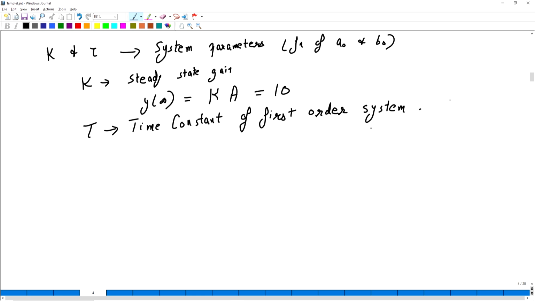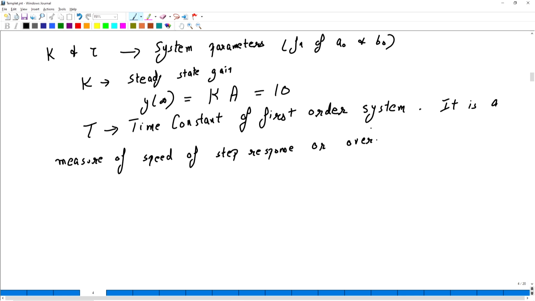It is a measure of the speed of step response, or the overall speed of first order dynamics.